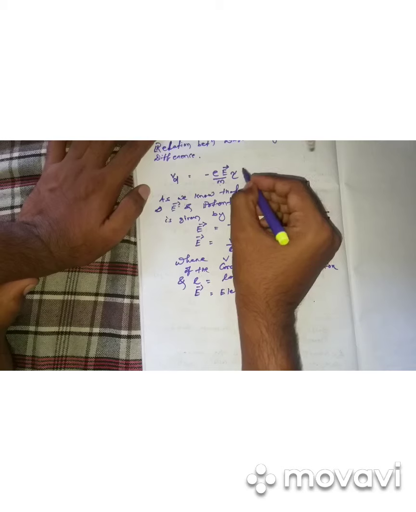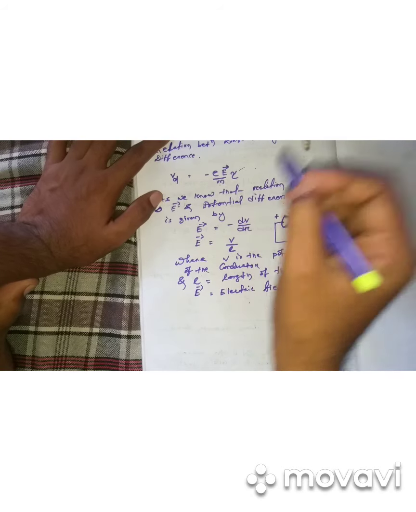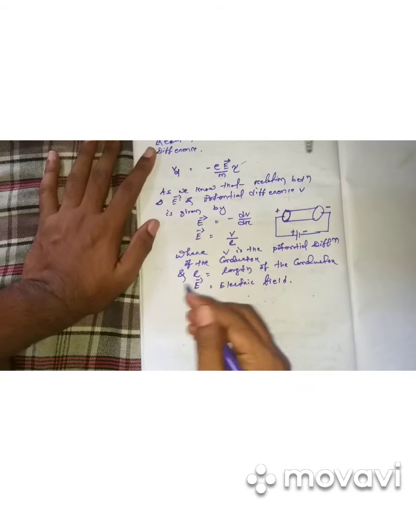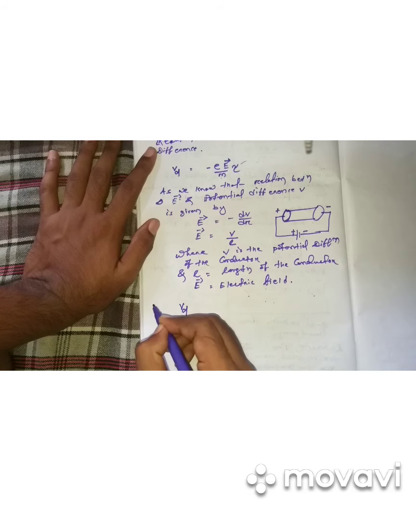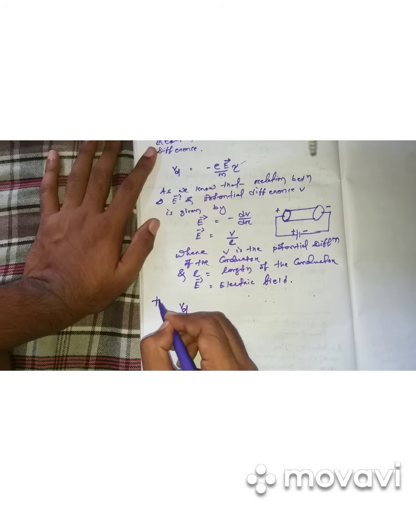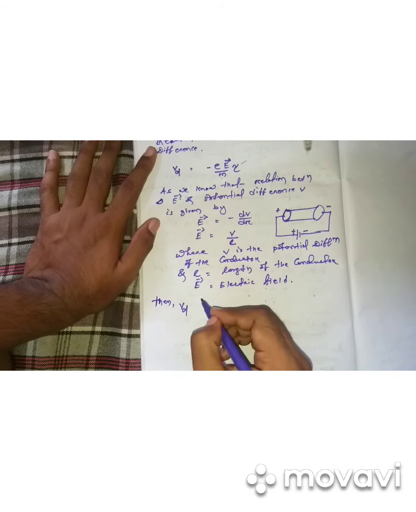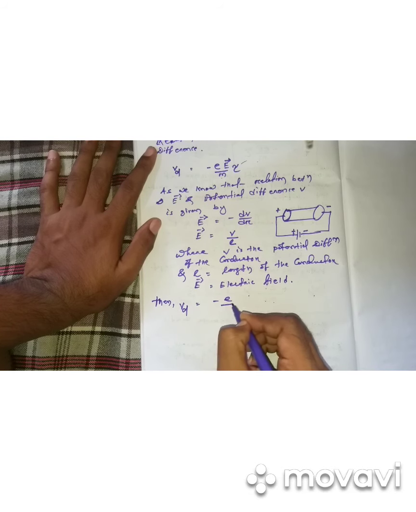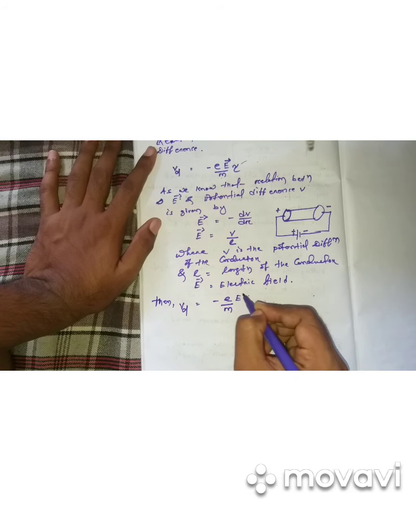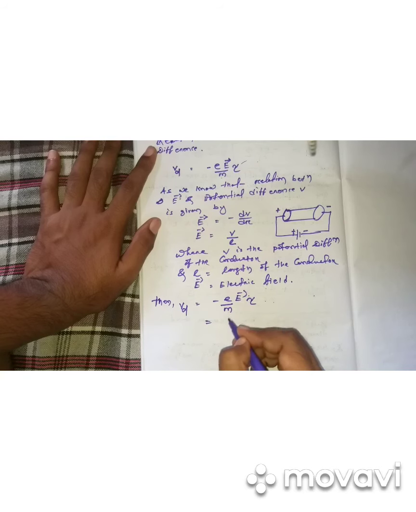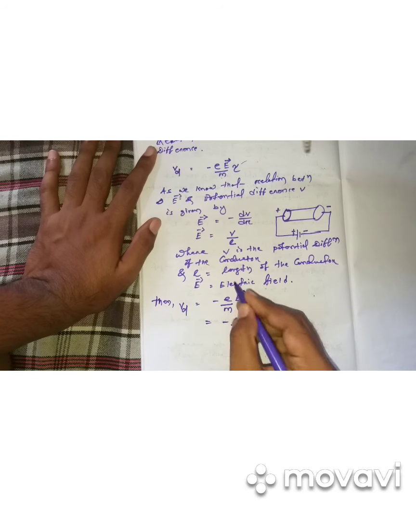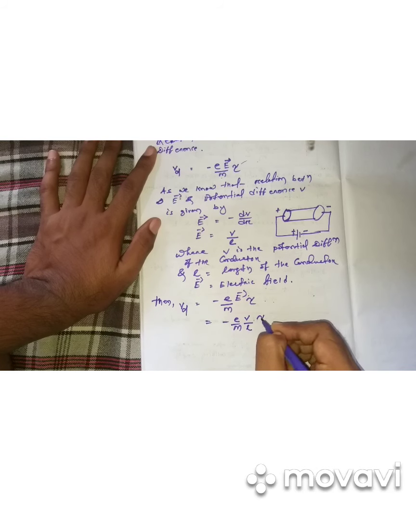we put into the equation for Vd. Vd equals minus e by m into E vector into tau. So minus e by m is here, and E means V by L into tau.